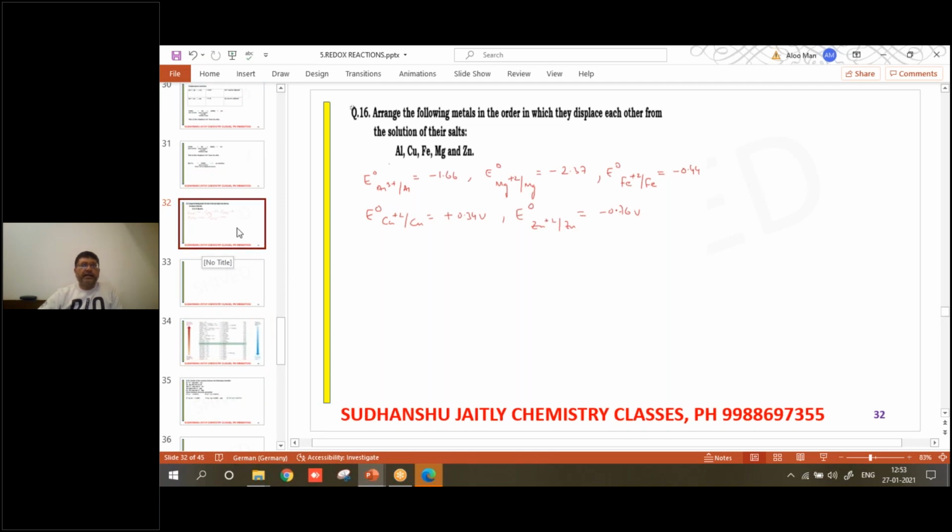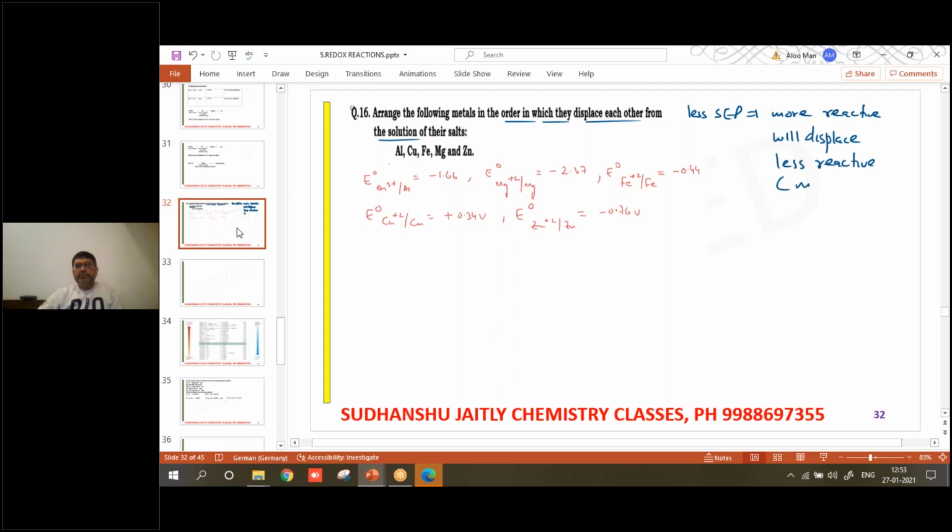He says arrange the following metals in order which they displace each other. मतलब less SEP, more reactive will displace less reactive.